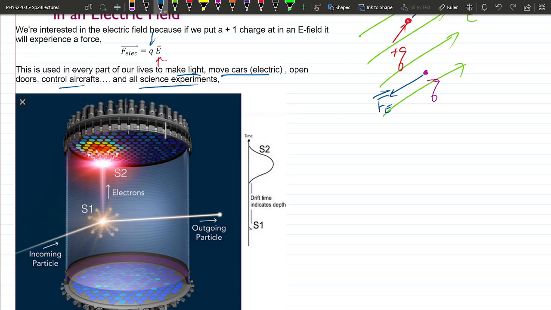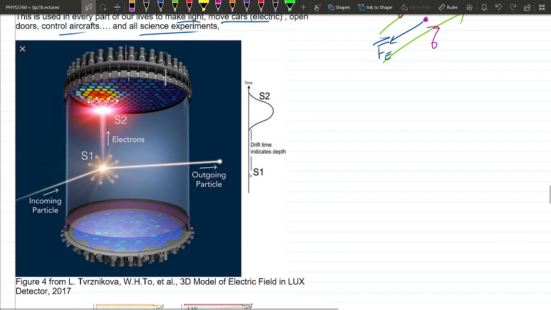For scientists like you guys, a lot of experiments run on the fact that we can create and control these electric fields. This is an experiment I used to work on, known as LUX, the Large Underground Xenon. You have a big vat of xenon, and if some particle comes in, it can crash into the xenon. It's just like a car crashing into another car: there are little pieces coming out.